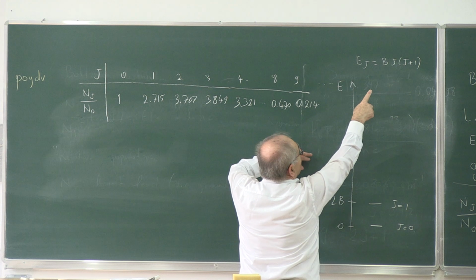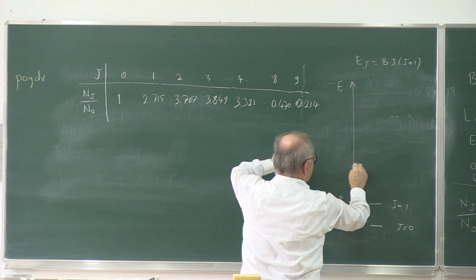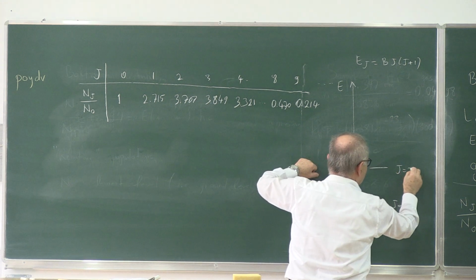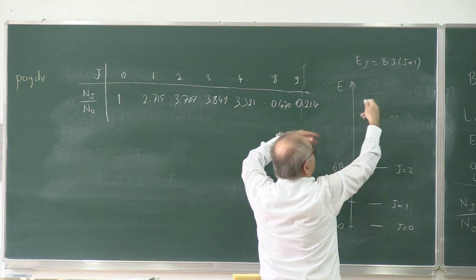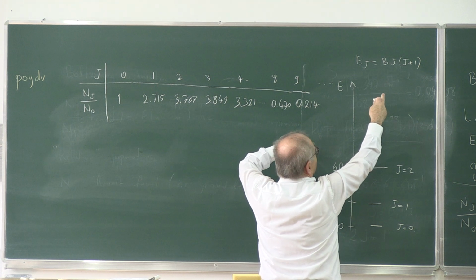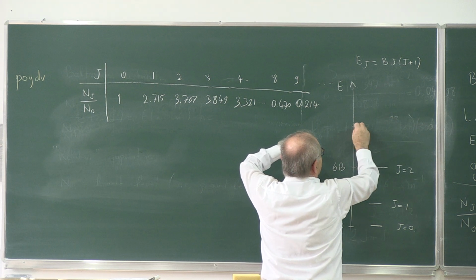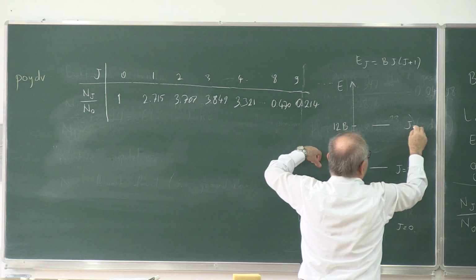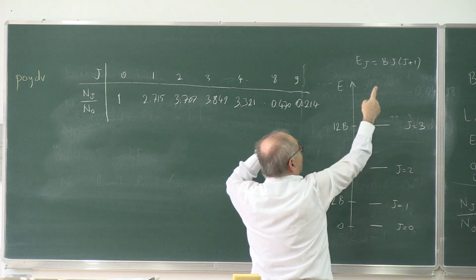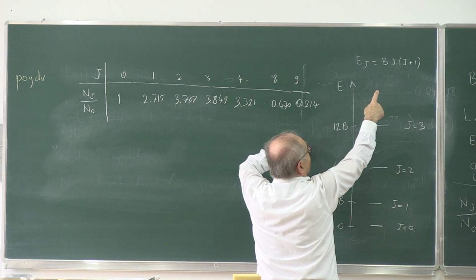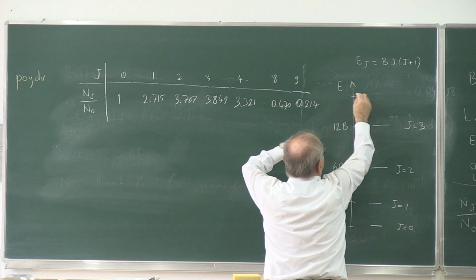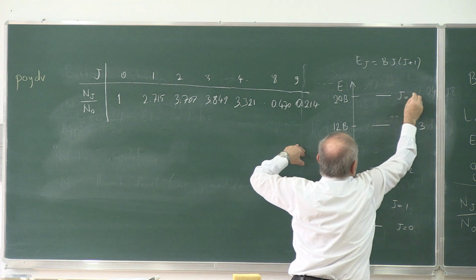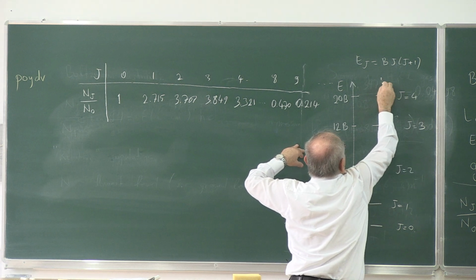For J equals 2, 2 times 3 is 6B. The next rotation energy level, J equals 3, 12B. The next one for J equals 4, 4 times 5, 20, 20B. It's increasing.